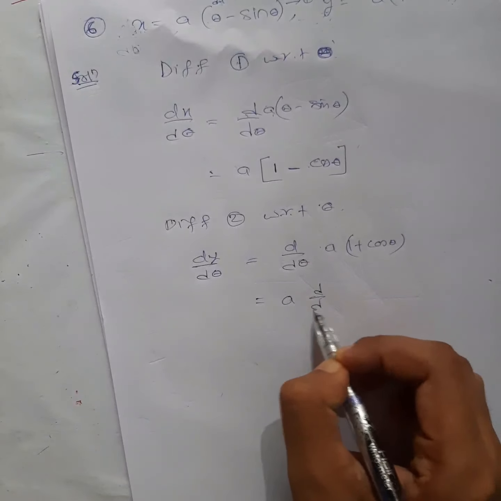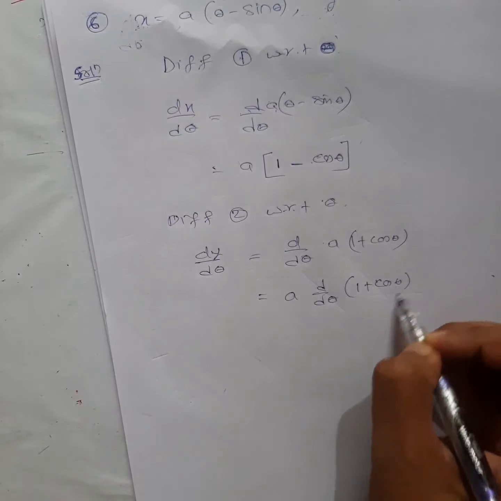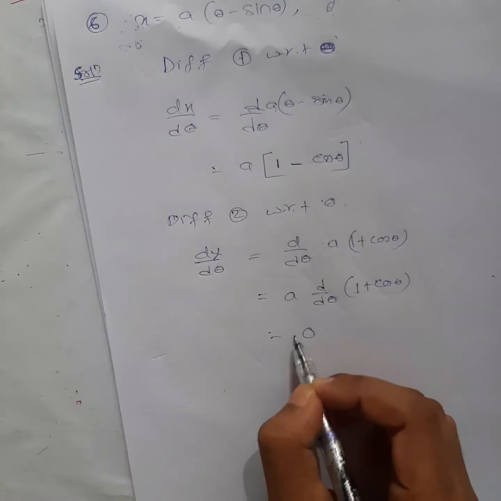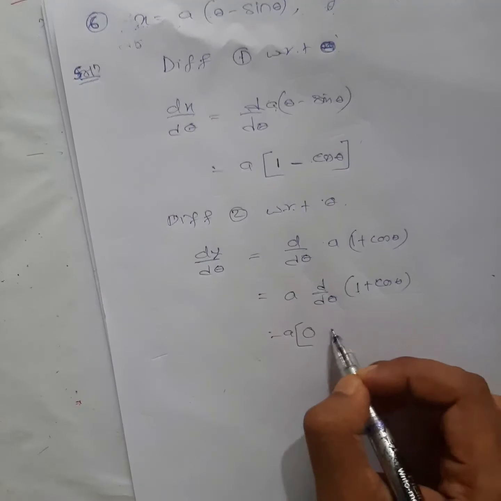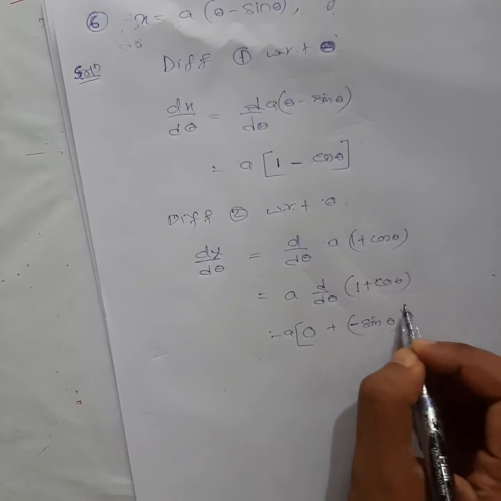Now d theta of 1 plus cos theta you have to differentiate. So d theta of 1 is a constant, which is 0, plus d theta of cos theta is minus sine theta.